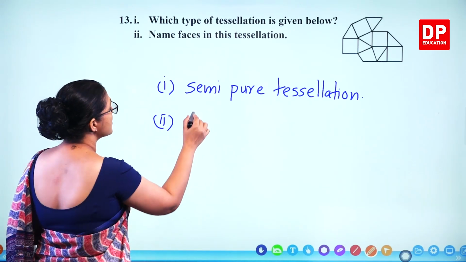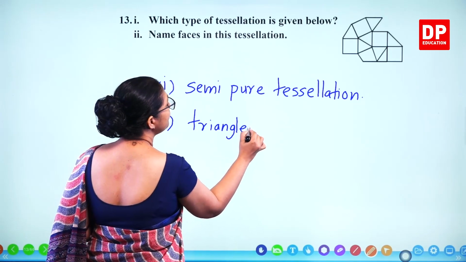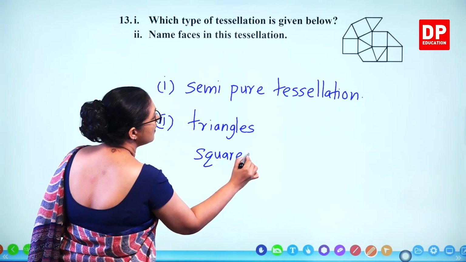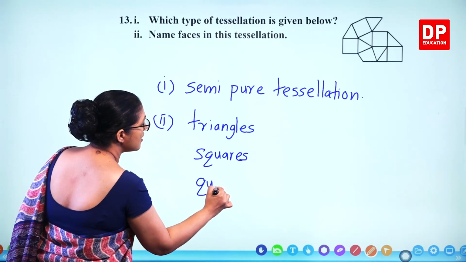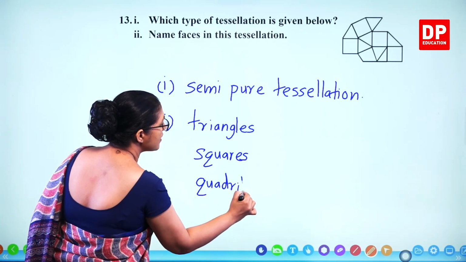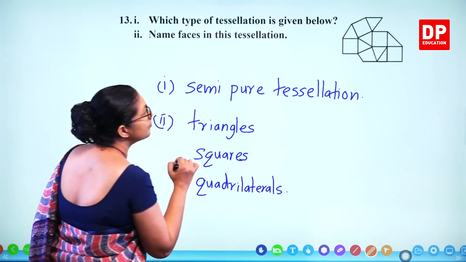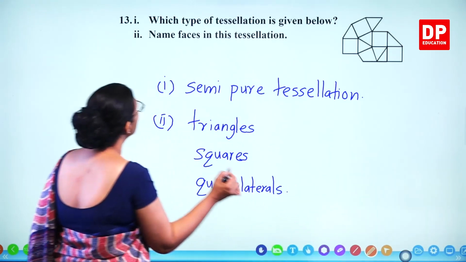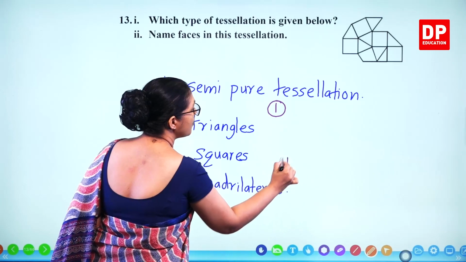What are the faces? You can write triangles, squares we can see, and four-sided quadrilaterals we see. So you get 2 marks, 1 and 1.